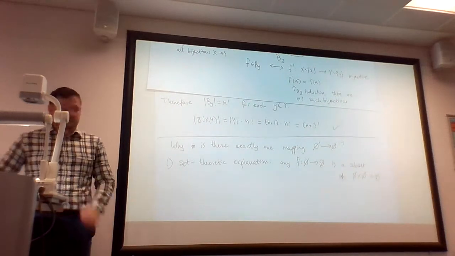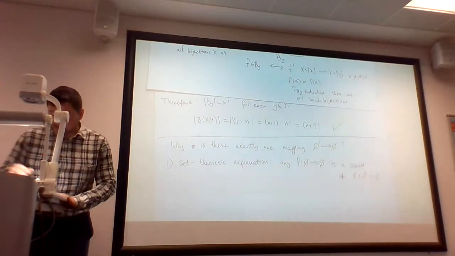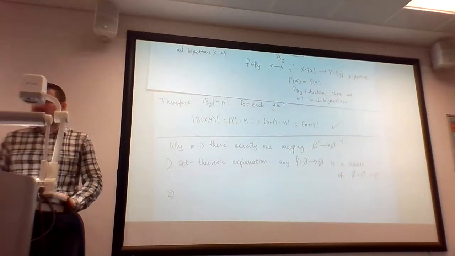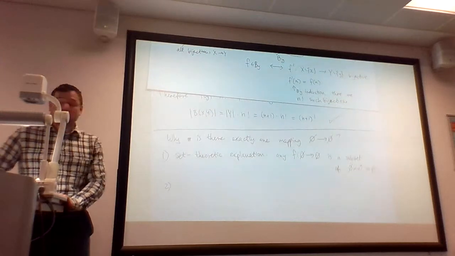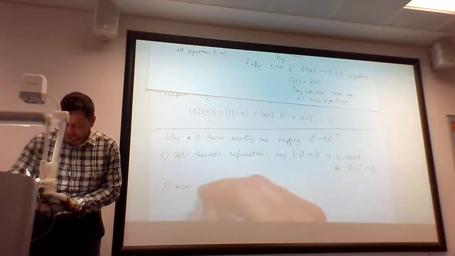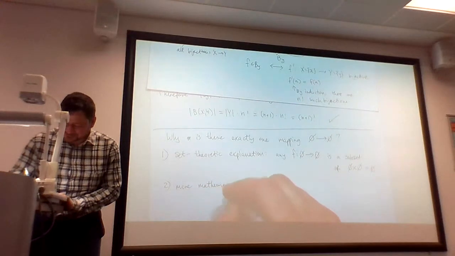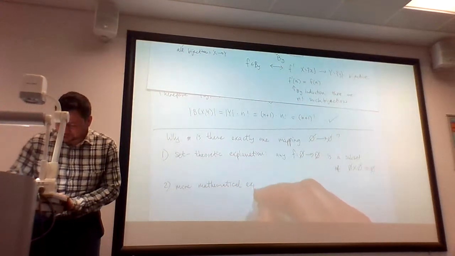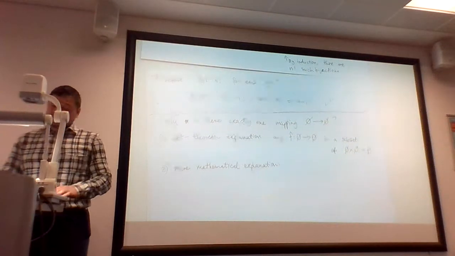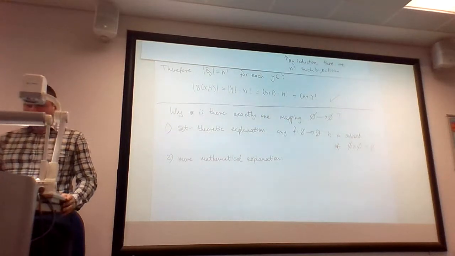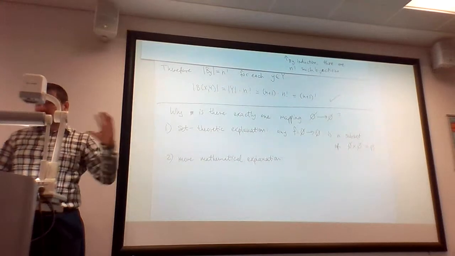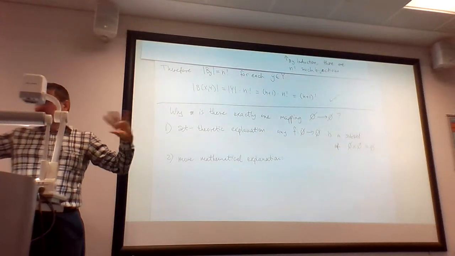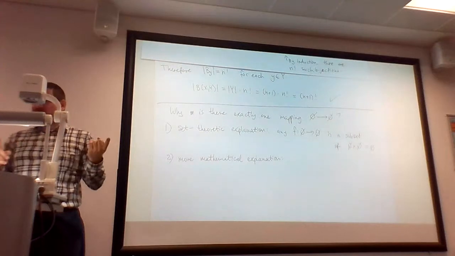But do you have an alternative way? Okay, then there's the category theoretic explanation, a more mathematical explanation. What does it mean for two maps to be the same? They go from the same domain to the same codomain, that's the first condition.